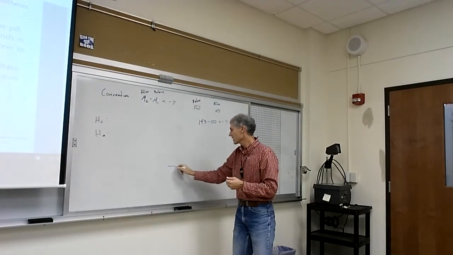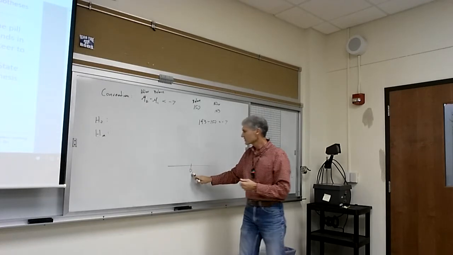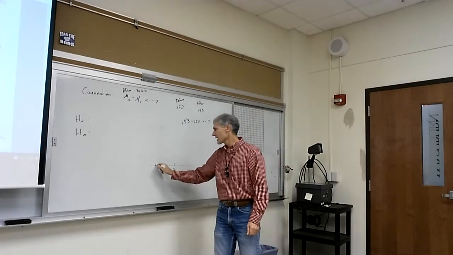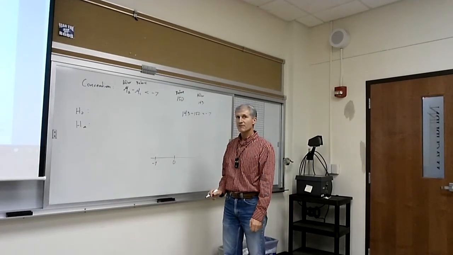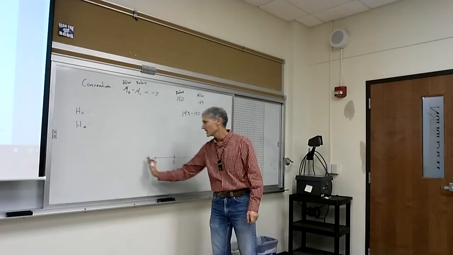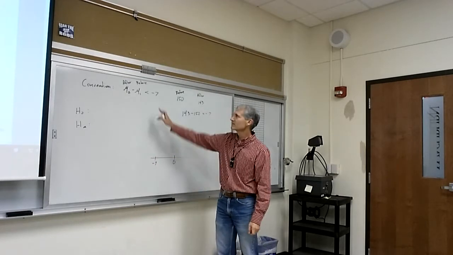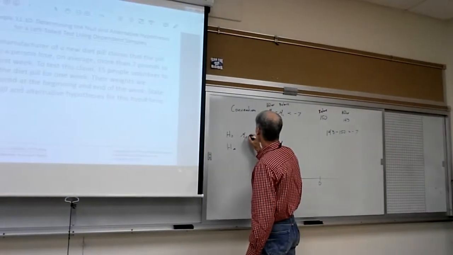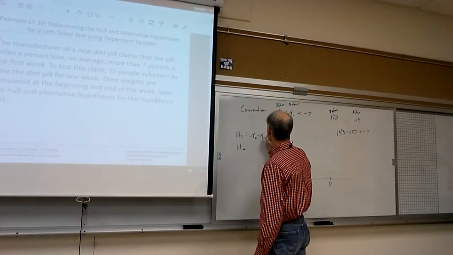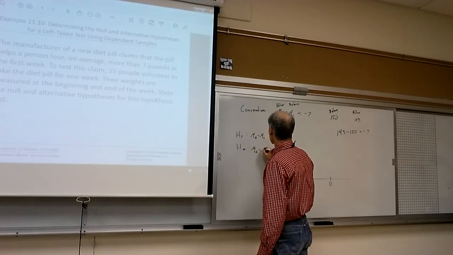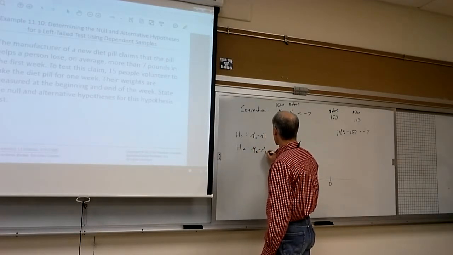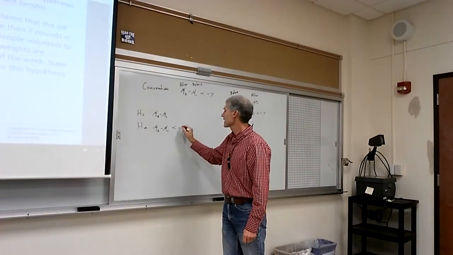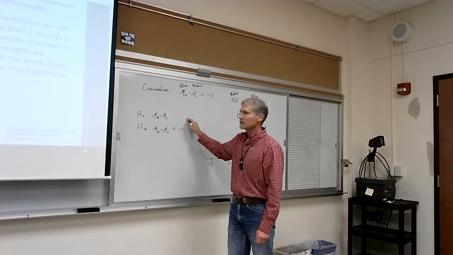So think about a number line. If the null is true, there's no difference, so the difference is 0. Negative 7 is over here, and further from the null would be less than negative 7. So if you write it out this way, mu2 minus mu1 is less than negative 7, what would the null be?